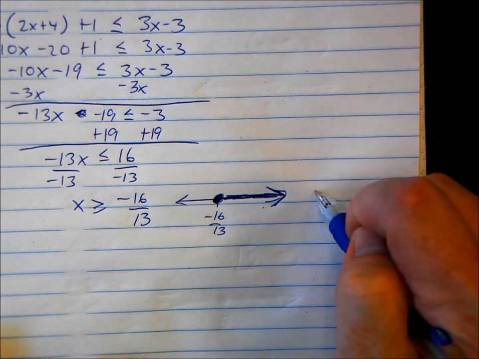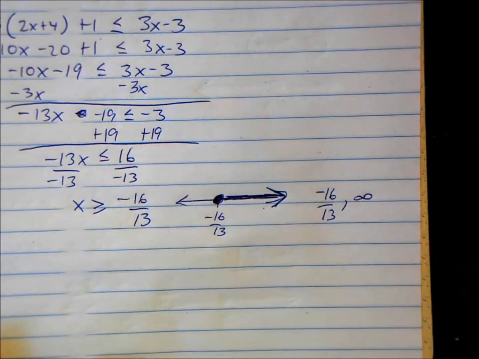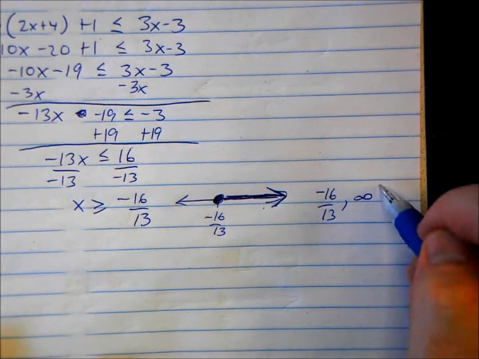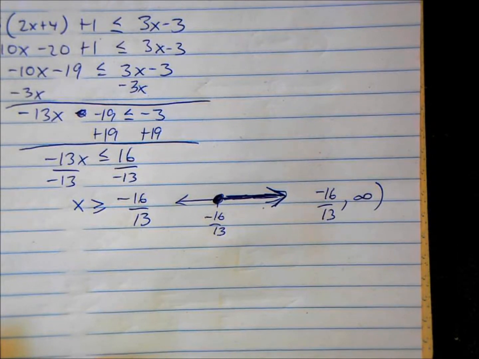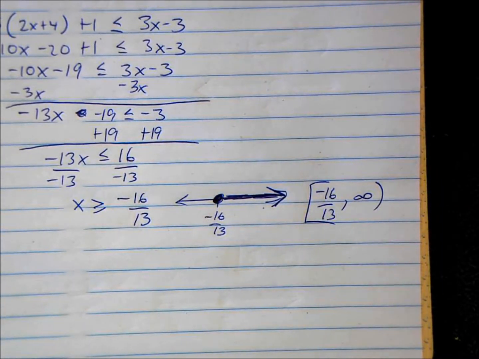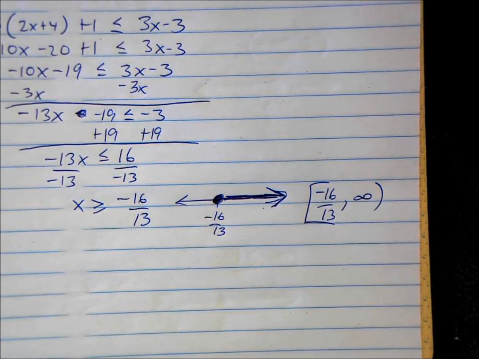My smallest number would be negative 16 over 13. Biggest number is infinity. Infinity always gets a round one. And in this case, negative 16 over 13 gets a square one, because again, we have the equal to, we have the dot, you get the square bracket. Those three things always all go together. Questions on that?